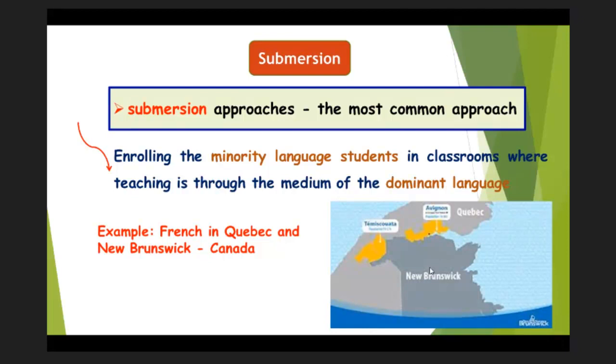We can take the example of two provinces, Quebec and New Brunswick of Canada. When you study in these two provinces, all the subjects will be taught in French, which is the dominant language of the area.